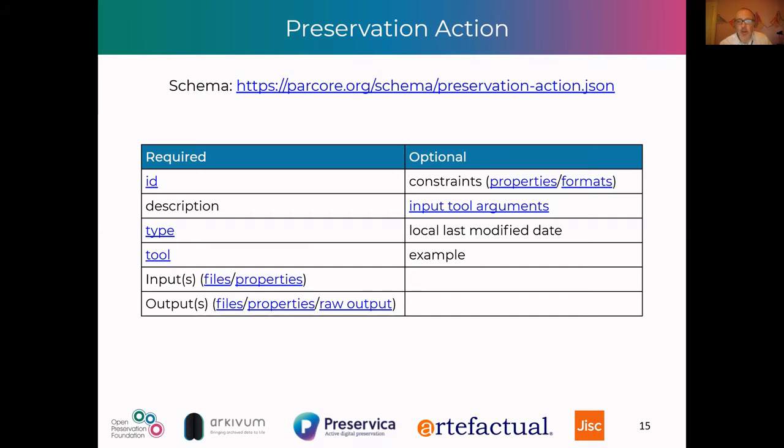So you can say this rule applies only to videos with a certain height and width, for example, or literally any other kind of property that you choose to define. You can also include free text to describe an example, and you can indicate when this rule was last modified.